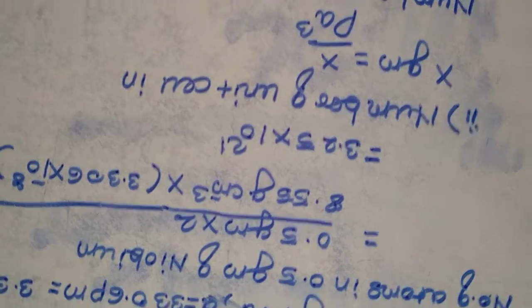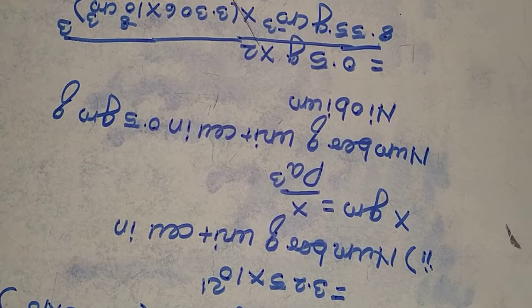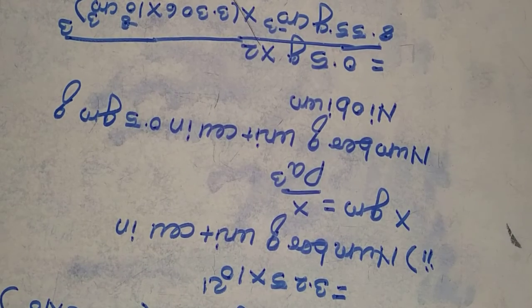Then the number of unit cells in x gram. You want to calculate the number of unit cells in x gram. The formula is x upon rho into a cube.